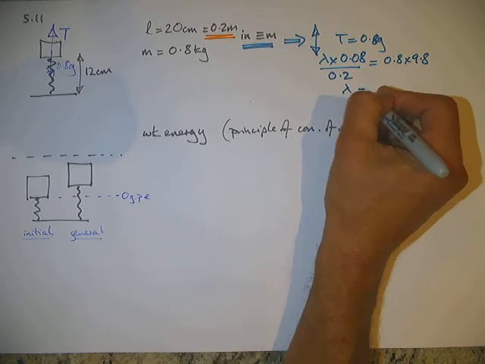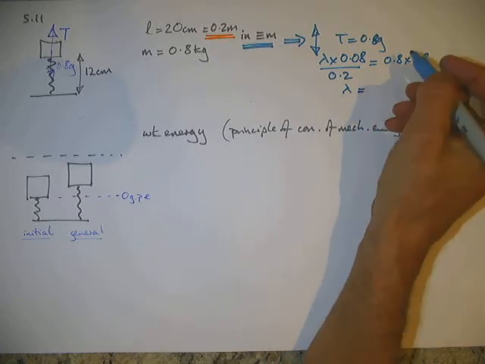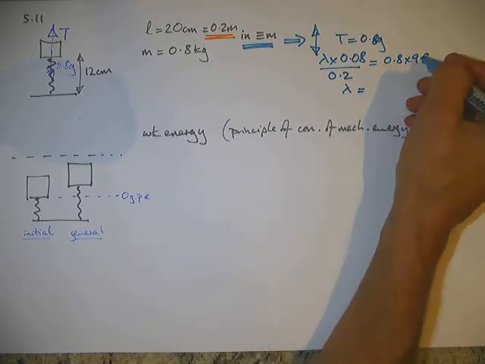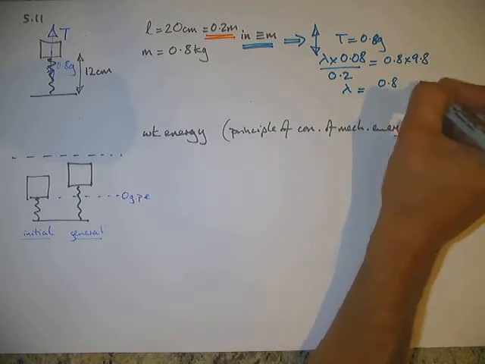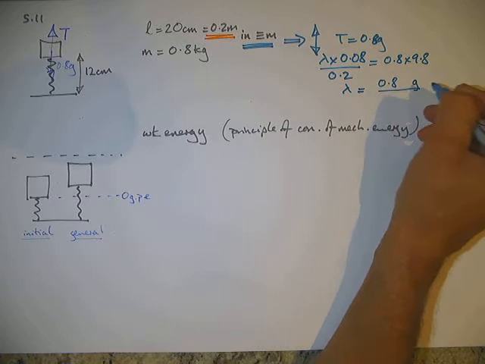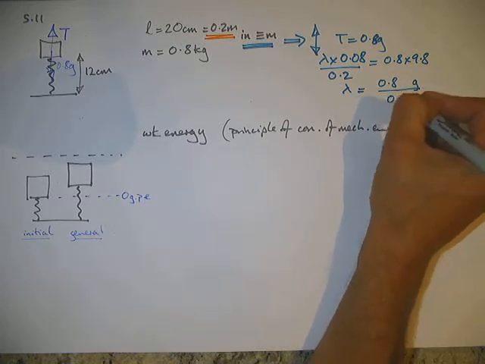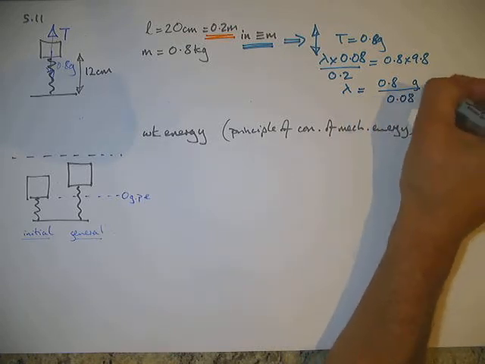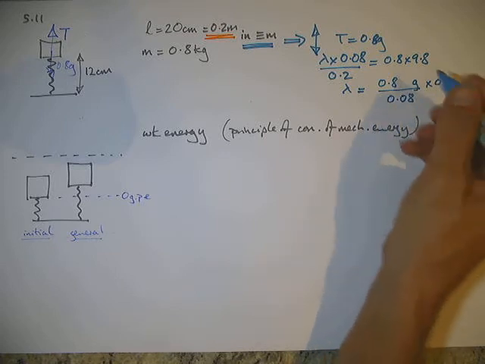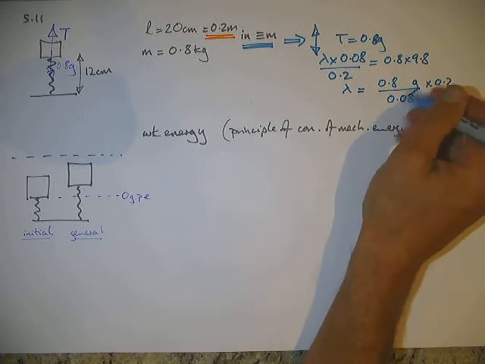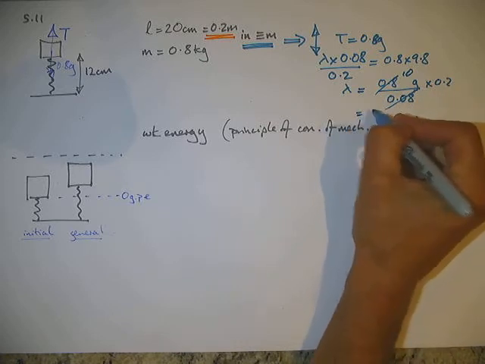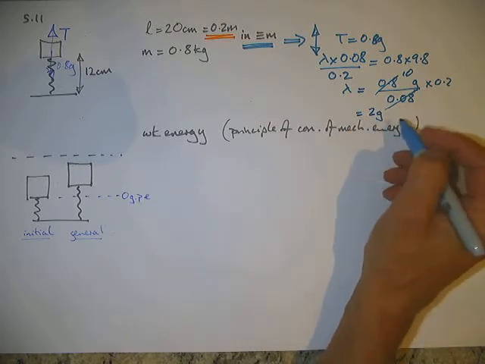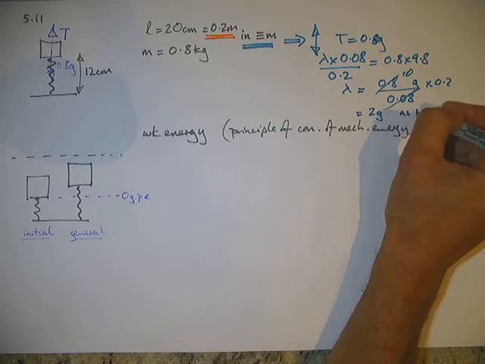We want an answer in terms of g, so let's put the g back in. 0.8 g over 0.08 times 0.2. Well, that cancels with that to give 10. 10 times 0.2 is 2g as required.